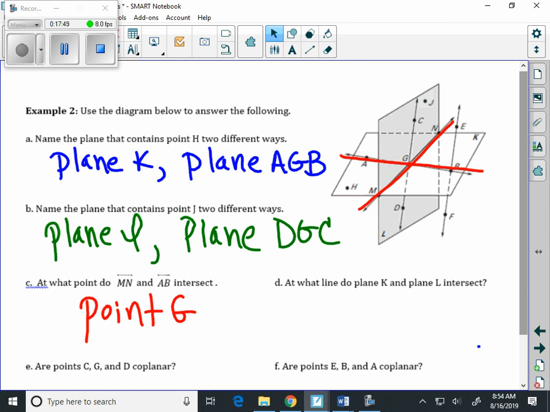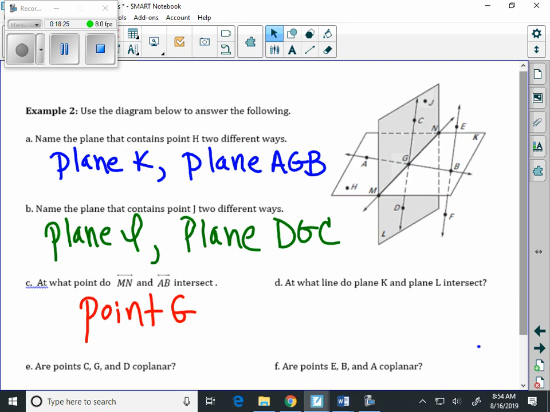Same idea. And hopefully what you're seeing here is maybe you want to draw all over your drawings. That's the beauty of not having a book. You have your own paper, you can draw. You might want to write in pencil so you can erase, as I'm going to do right here, again, to look at the picture. But at what line do plane K, so here's plane K, and plane L intersect?